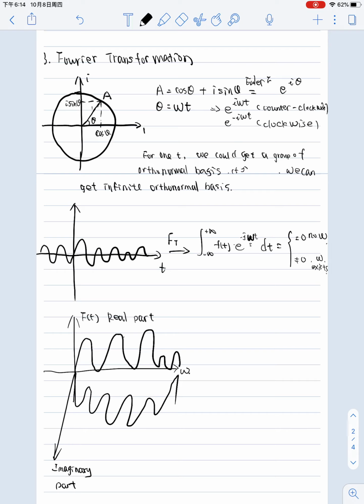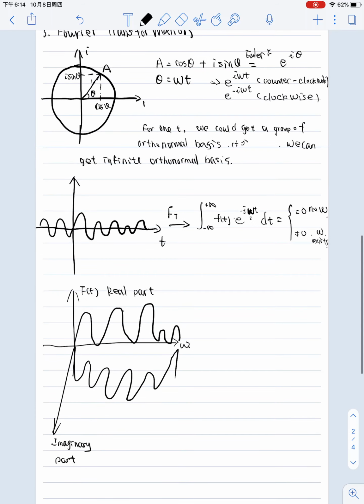Imaginary part means the i, and the theta would be, for example, this is real, and this is e^(i theta). The cosine theta would be the real part.